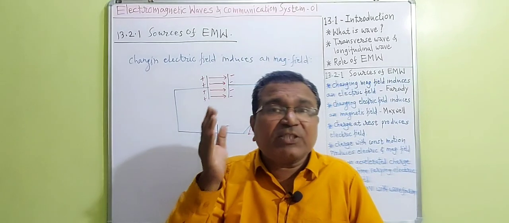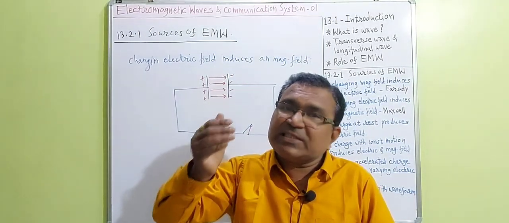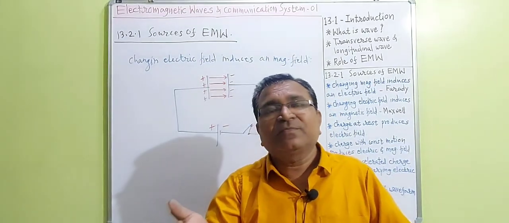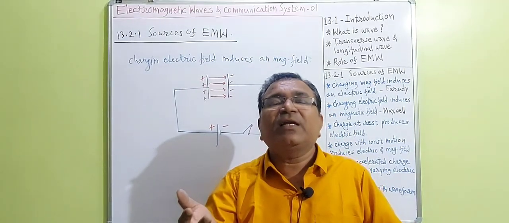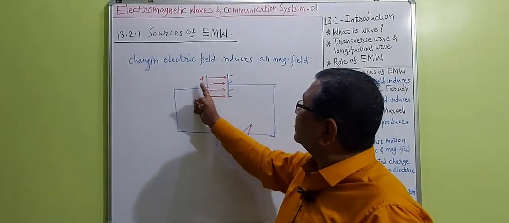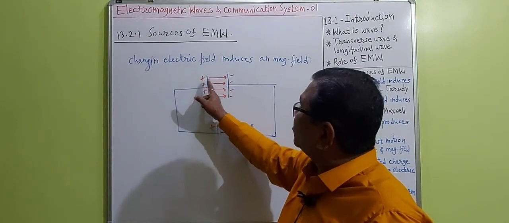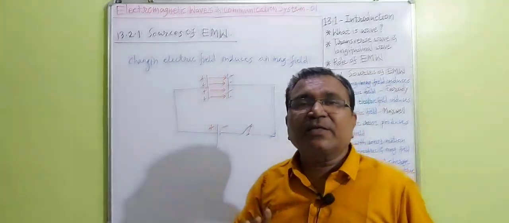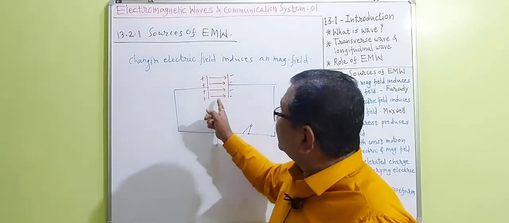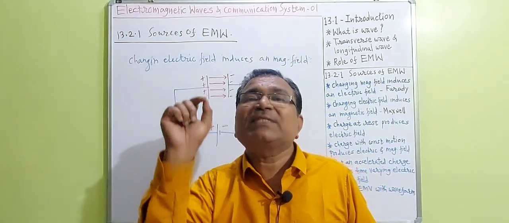As the induced charge keeps increasing with time, the electric field also increases, and its direction is from the positive to the negative plate. This electric field creates displacement current.